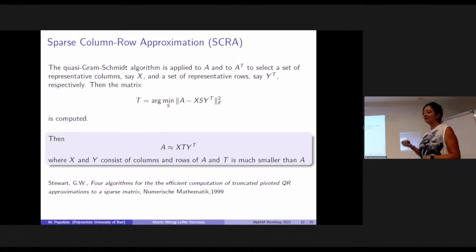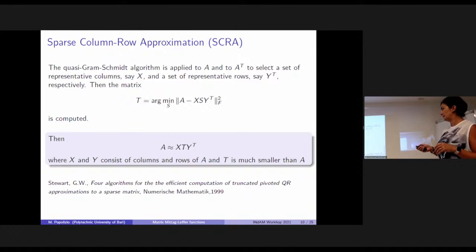Okay, so under the hypothesis of a large matrix with small rank or fast decaying singular values, a good and effective approach is the sparse column-row approximation. It was proposed by Stewart, and the idea is to apply the Gram-Schmidt algorithm to A and A transpose.